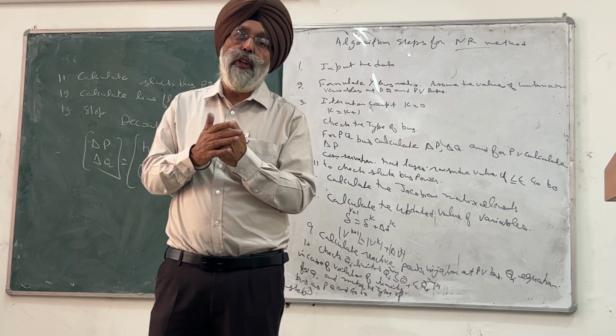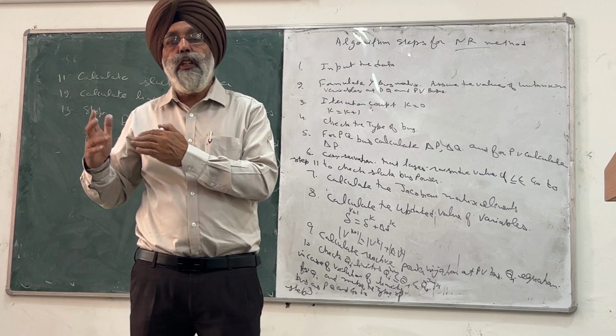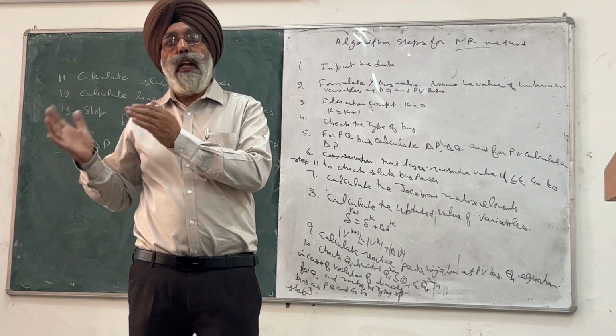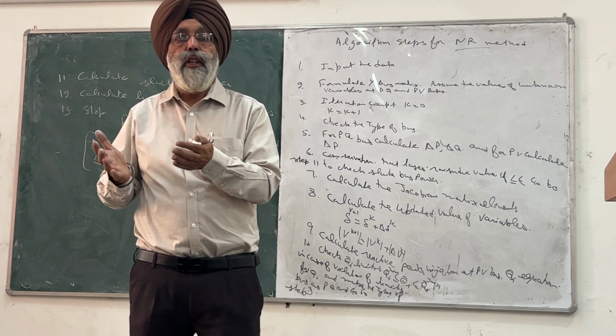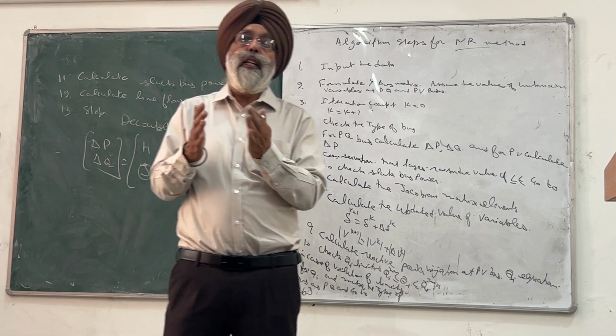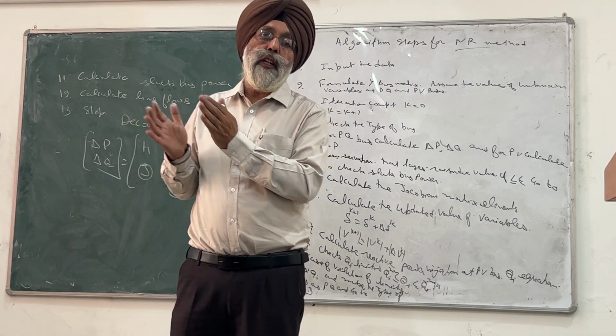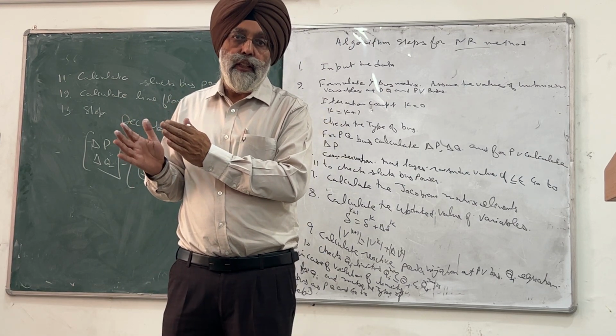But in the Raphson method, in one iteration we are calculating the derivatives and taking the inverse, so a lot of calculations are going on. So the calculation burden per iteration is more in the Raphson method.